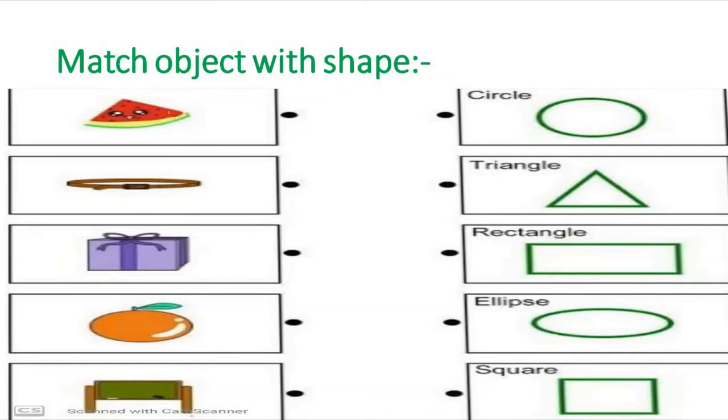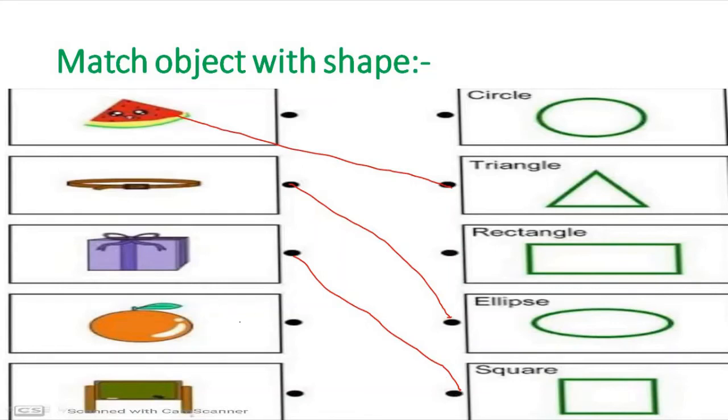First of all, this is the slice of watermelon. We are going to match it with the shape. Okay. Now ring. With what do we have to match it? Yes, ellipse. Okay. Next is gift box. With what should I match it? With a square.